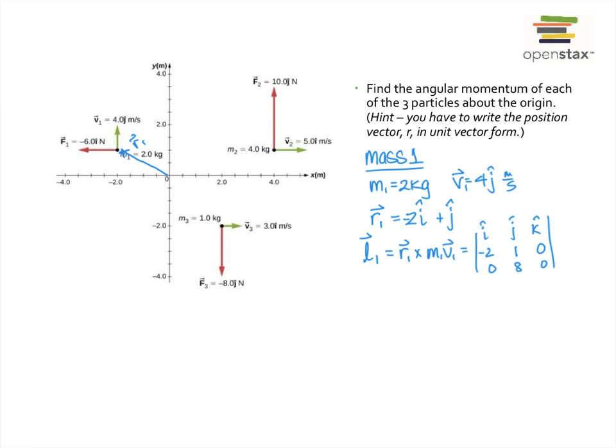So what I did is I multiplied the mass of 2 times the velocity of 4 to do the mv, and that's where I got the 8, but it was in the j direction. And if I look at my 3 matrices that I have, oops, this one was wrong. This was 1, and this should have been 8. I actually did the J1 first.